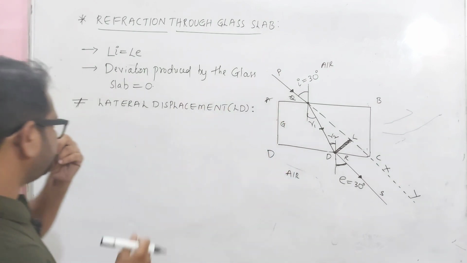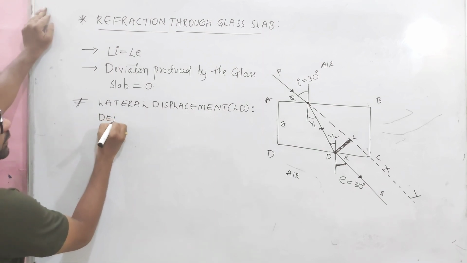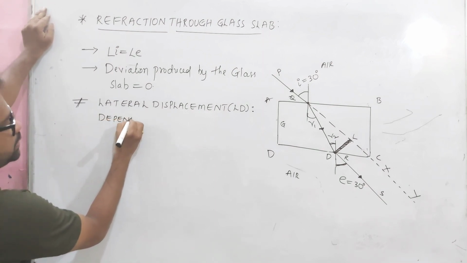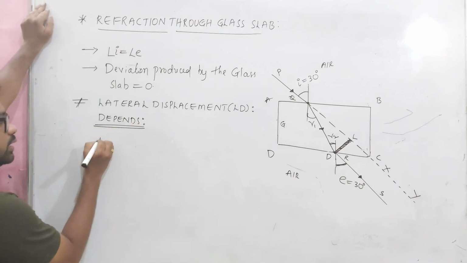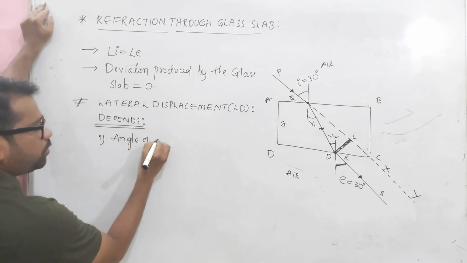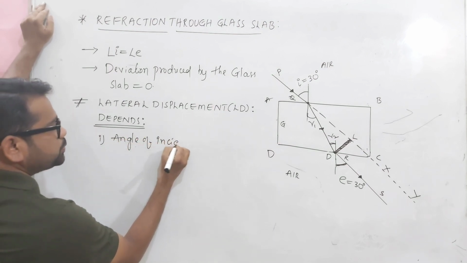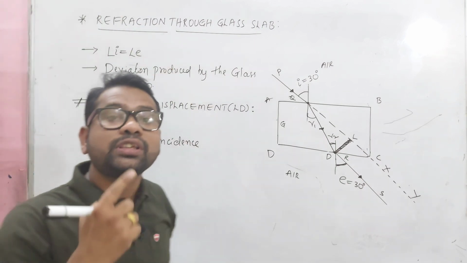Lateral displacement depends, first, very importantly, on the angle of incidence. How does it depend?